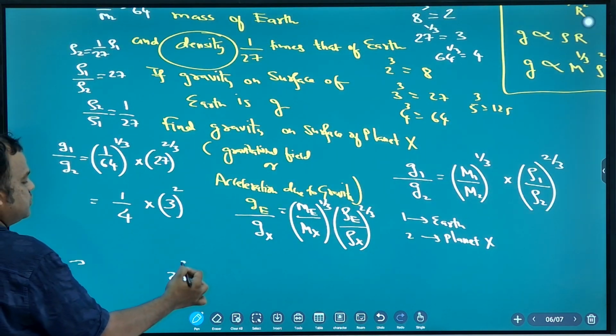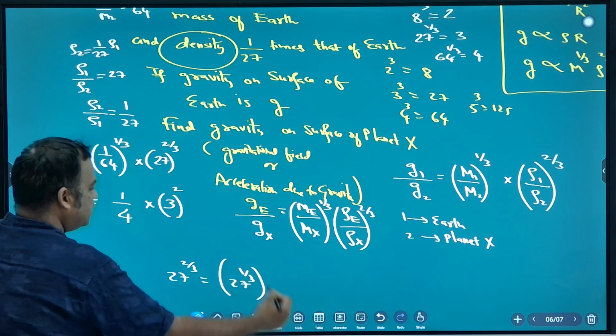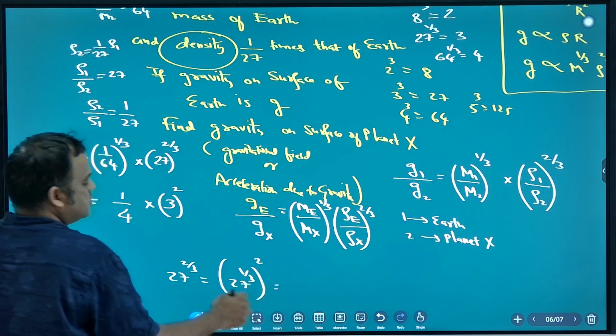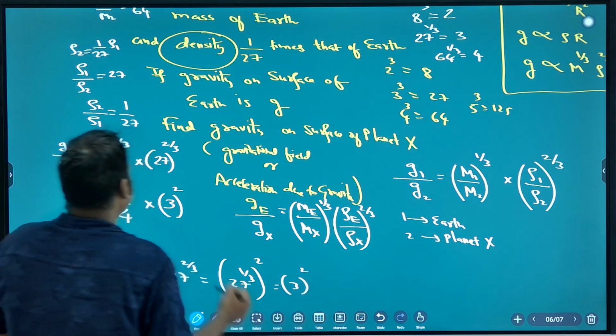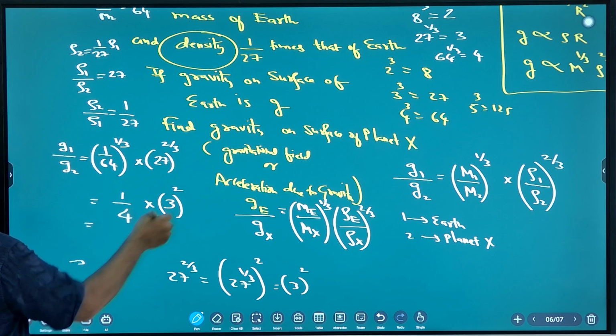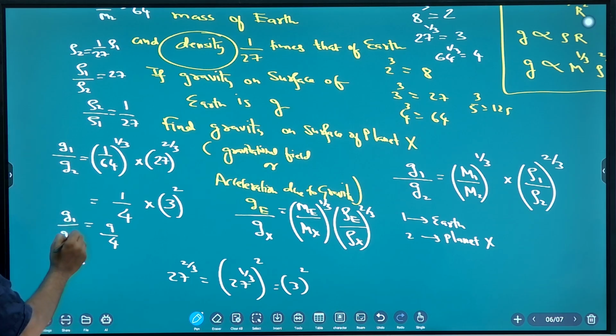27 raised to 2 by 3 means 27 raised to 1 by 3 whole square. So 27 raised to 1 by 3 is 3. So 3 square. So 9 by 4. Okay. So gravity of Earth by gravity of planet is 9 by 4.